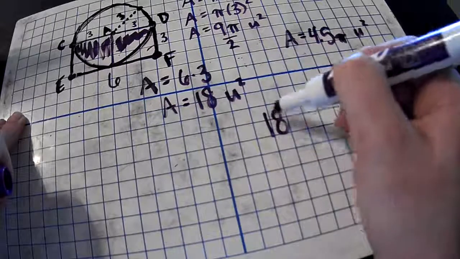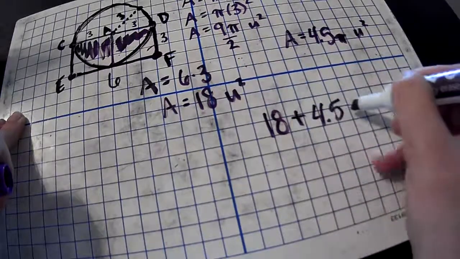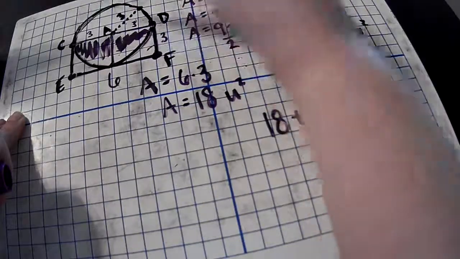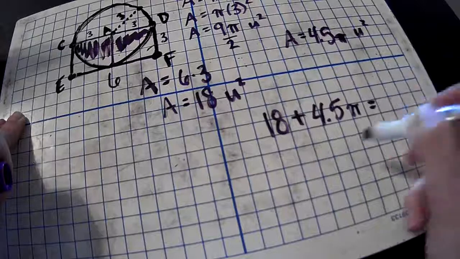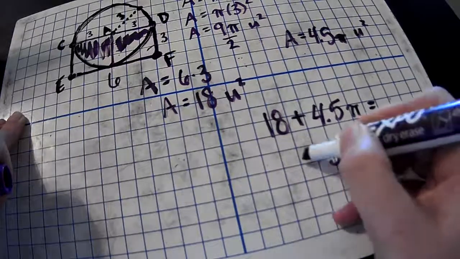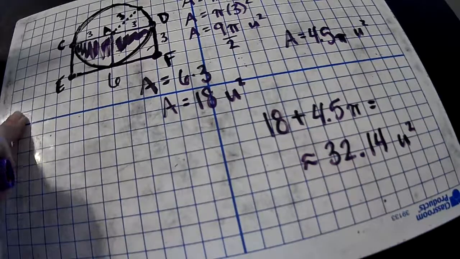So we had 18 square units from the rectangle on the bottom, plus 4.5 pi square units from the semicircle on top. And if I add those together, I'm still going to get approximately 32.14 square units for the area of that whole figure.